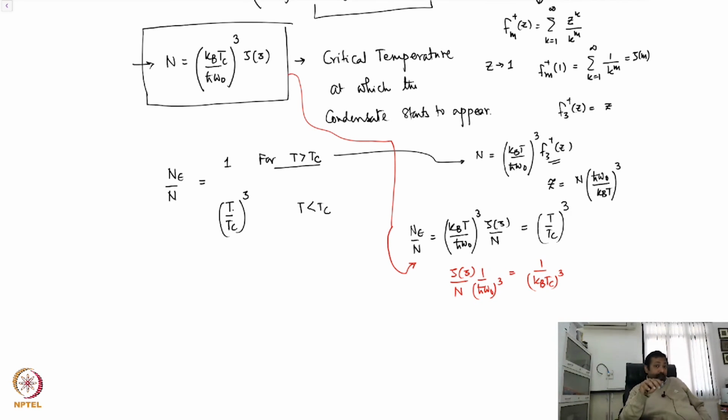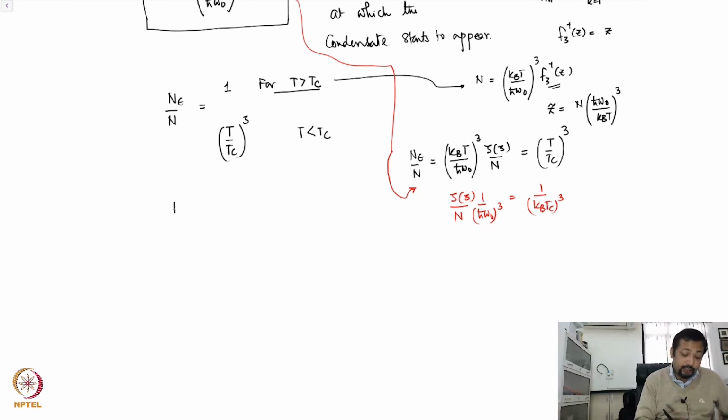So even though you can still be in 3 dimensions, as we are seeing in this example, the value of D, the exponent that comes in, is clearly different. It's no longer 3 by 2, but it is 3, and that is solely the property of the density of states. You should keep that in mind.